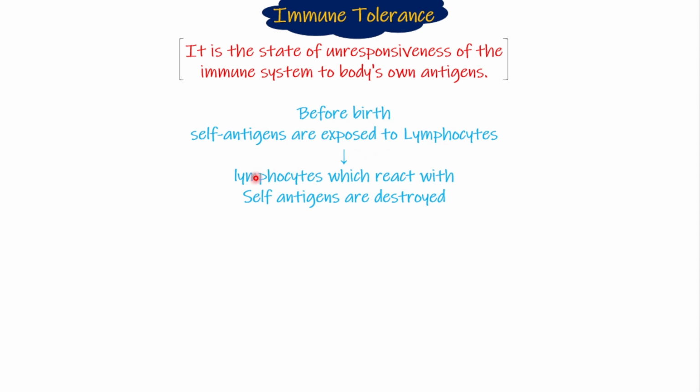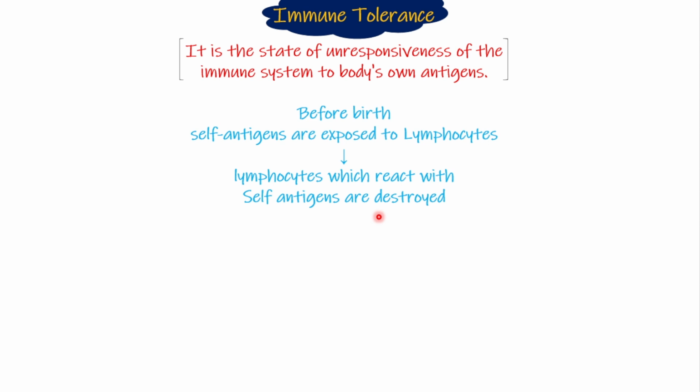And if any lymphocyte reacts with the self-antigen, that lymphocyte is destroyed. So when the lymphocytes are growing, they are exposed to the self-antigens, the body antigens, and if a lymphocyte attacks the self-antigen, it is destroyed. That's how, during the pre-processing of the lymphocytes, immune tolerance is developed in the body.